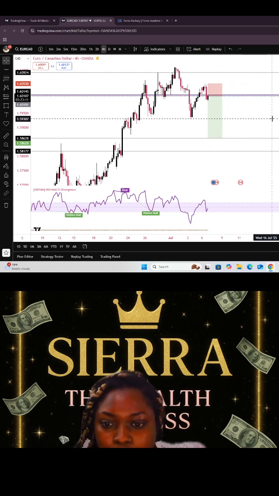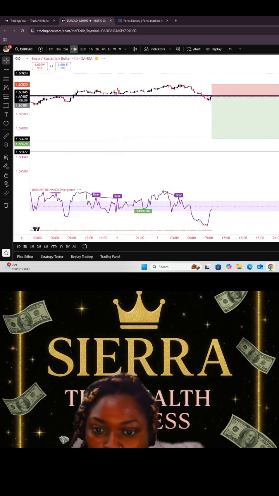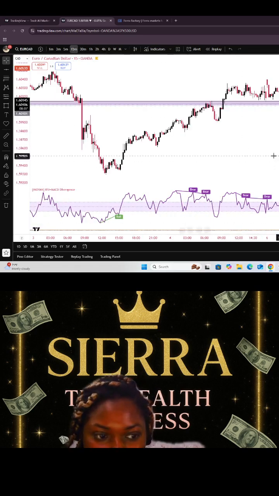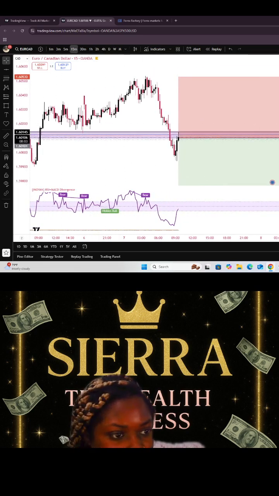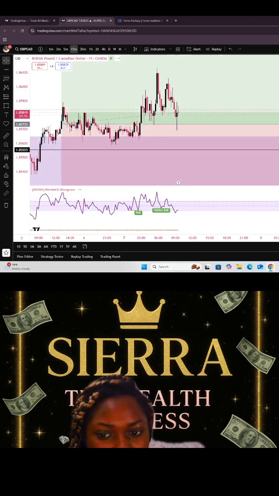All right. So I'm currently in EuroCAD. We got a little bit of drawdown right now. But we are in there. I'm going to change this from yellow to green. Put green on GBP CAD.